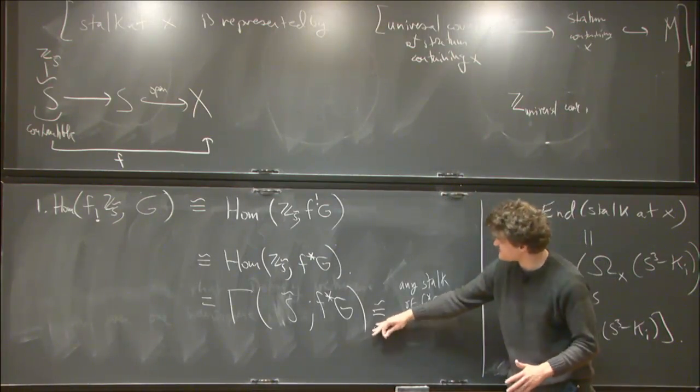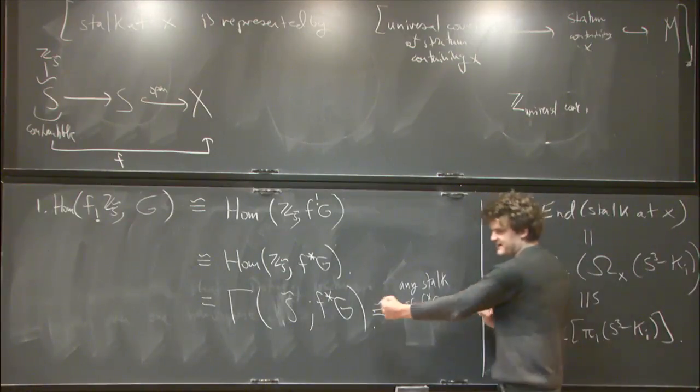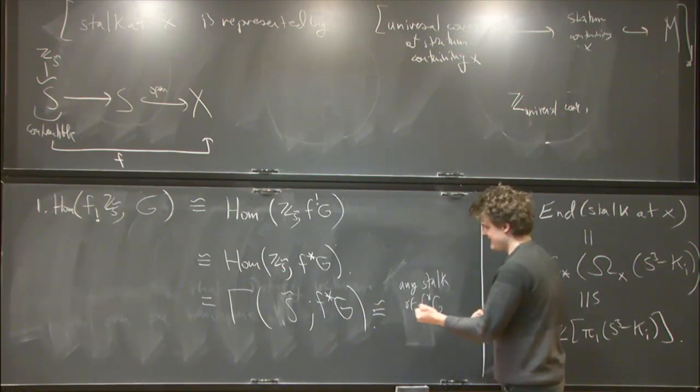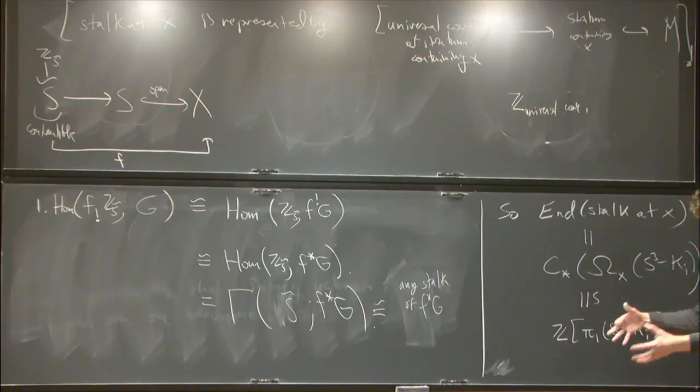So this step uses the constructibility of the sheaf G and the characterization of locally constant sheaves as sheaves that assign isomorphisms to any restriction map between contractible sets.